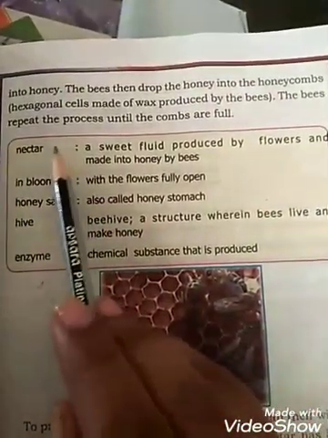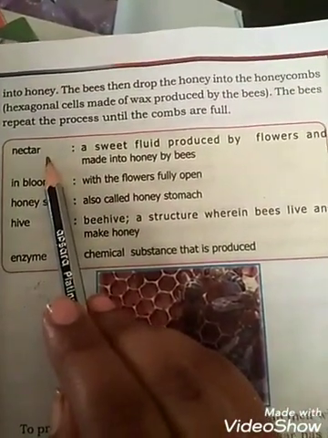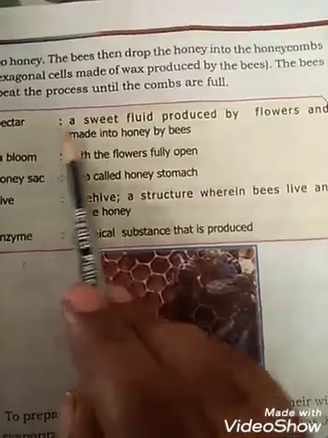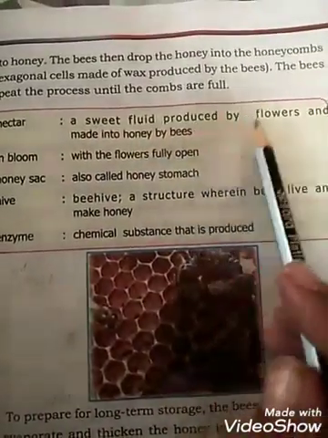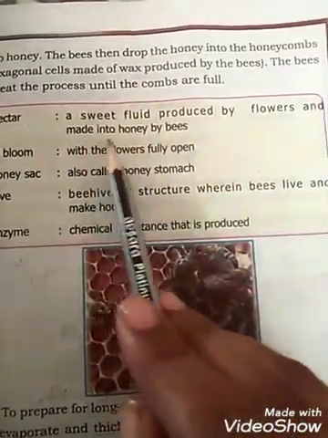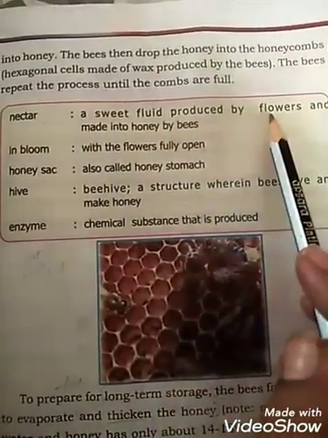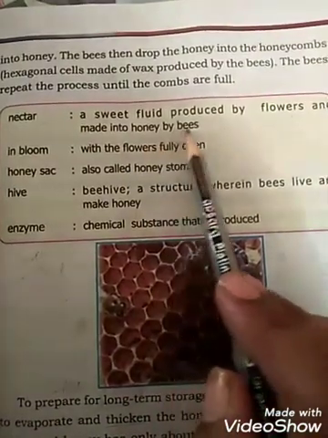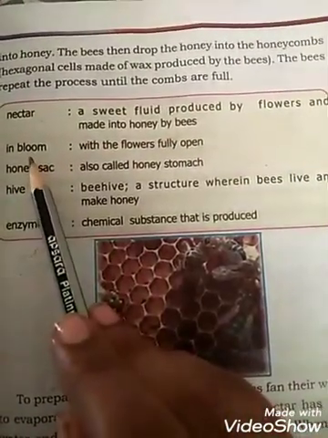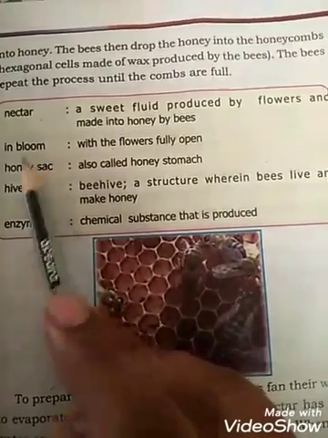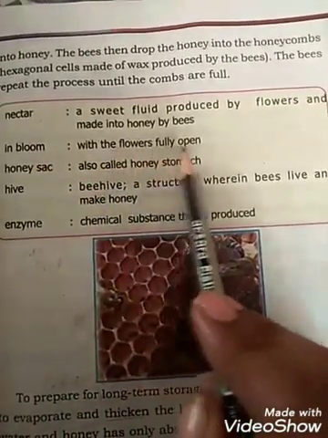And coming to the keywords, first one is nectar. What is nectar? A sweet fluid produced by flowers and made into honey by bees. Second one, in bloom. What is bloom? With the flowers fully open.